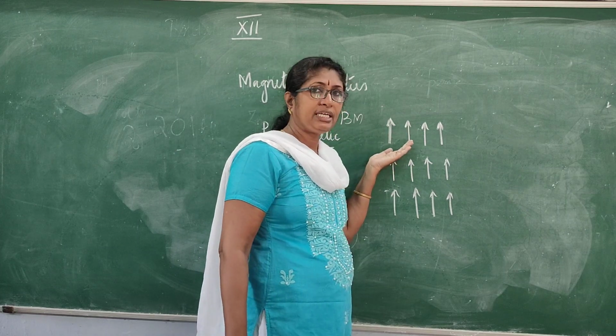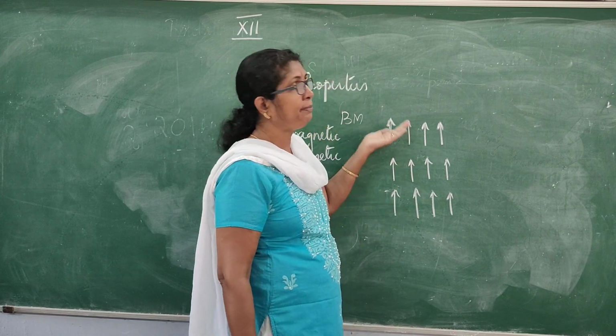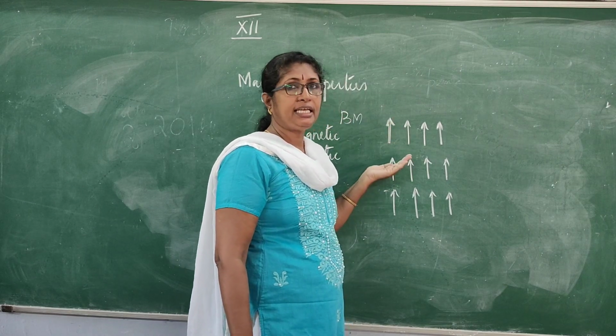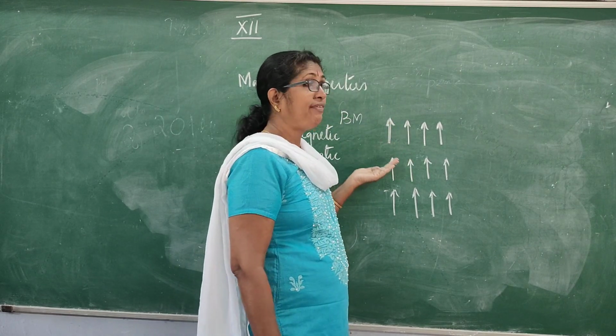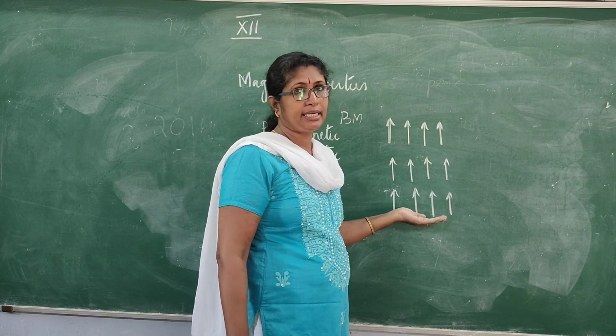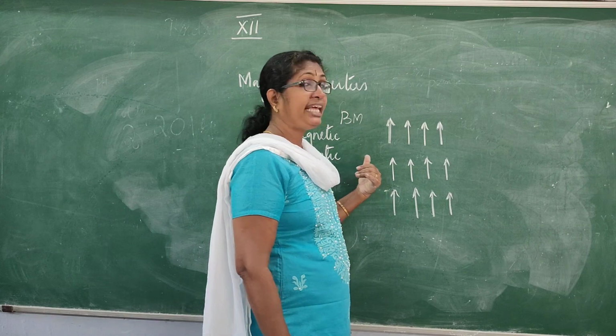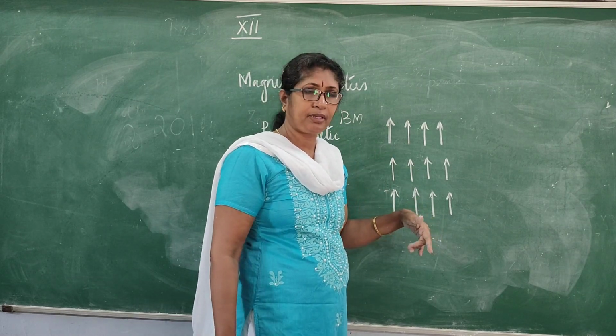If these magnetic domains are arranged in the same direction, and such substances are kept in a magnetic field, they will be strongly attracted in a magnetic field, and when the magnetic field is removed, they retain their magnetism.